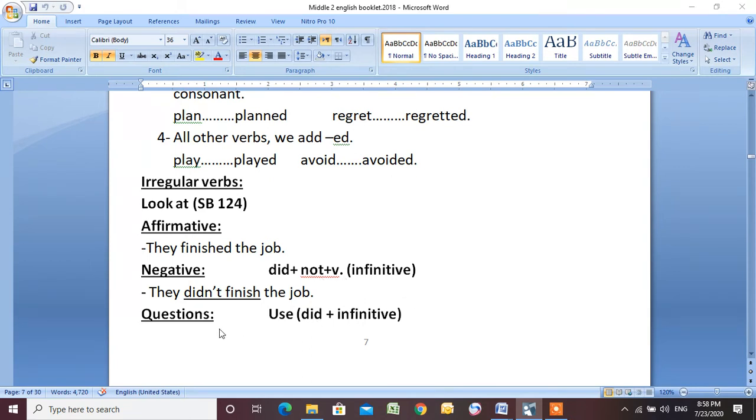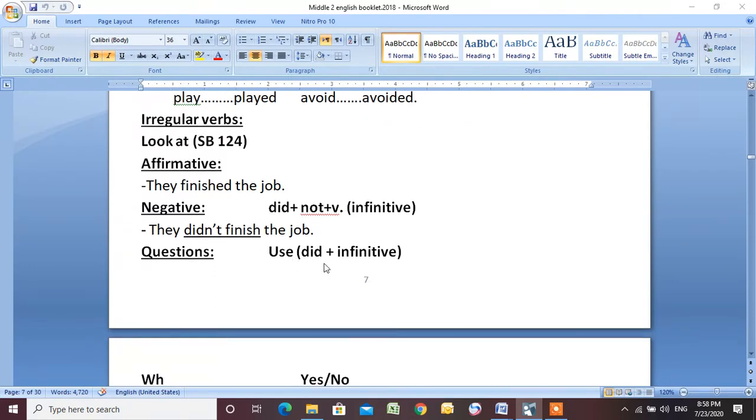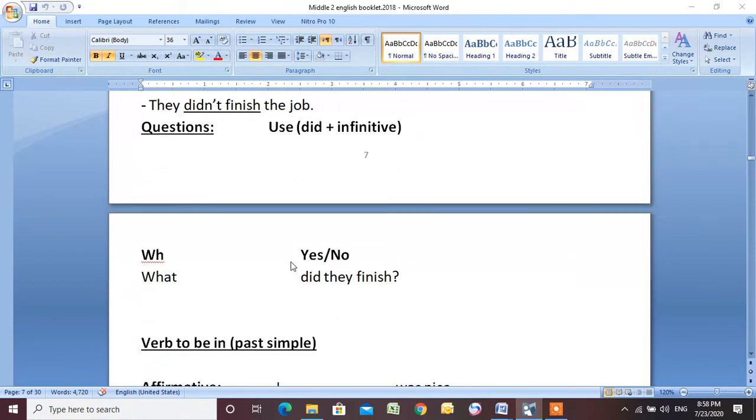How can we form the questions? Of course, again, we have to use did, and we put the verb in the infinitive. So for WH question, I say what did they finish? And if I wanted to form yes no question, I would say did they finish?